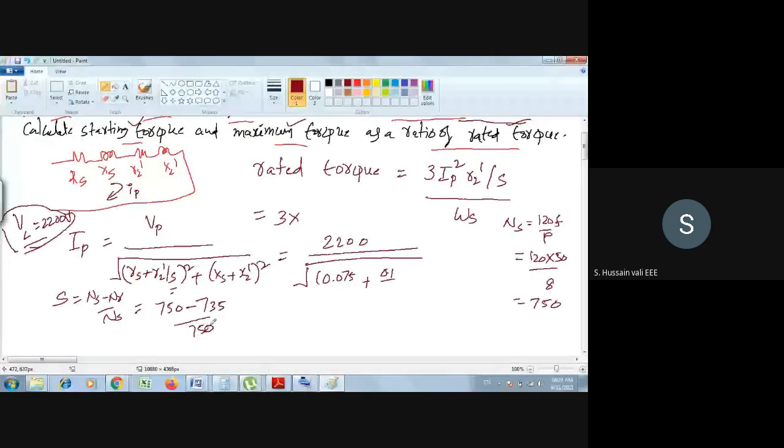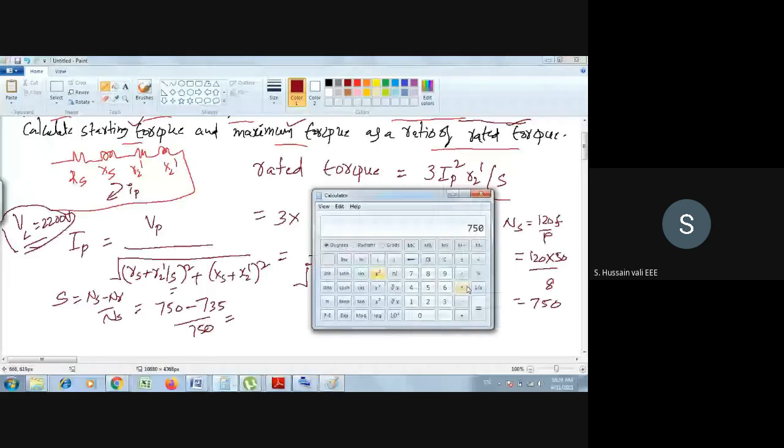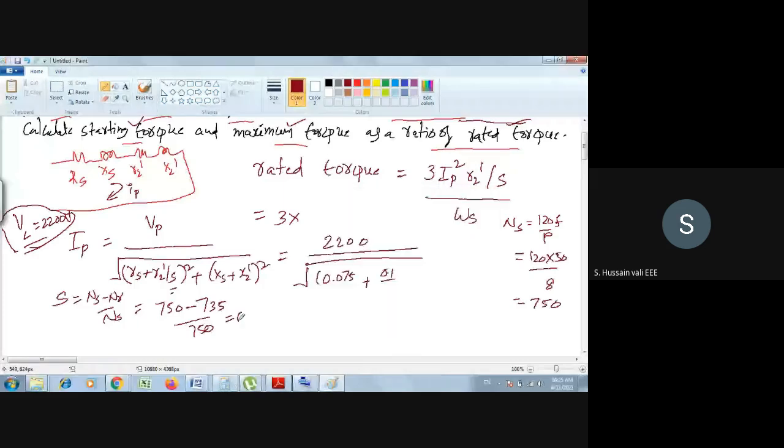What is its value? So 15... 0.02. So the slip we got is 0.02.